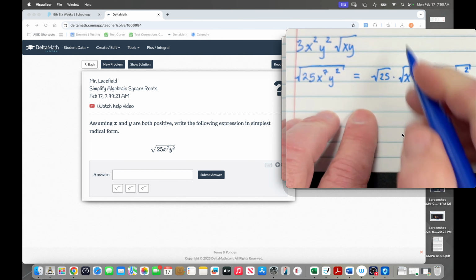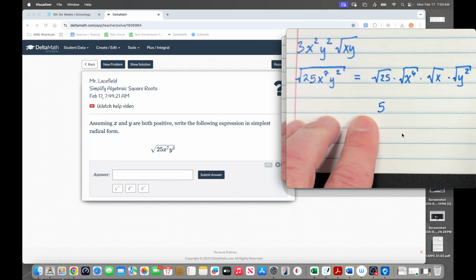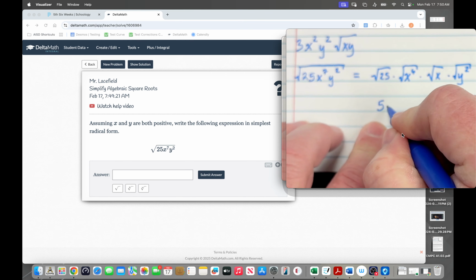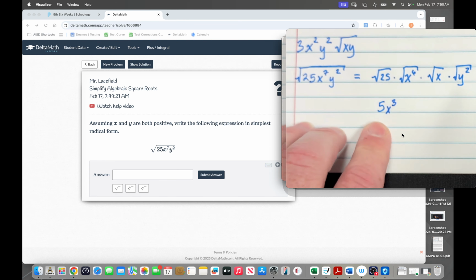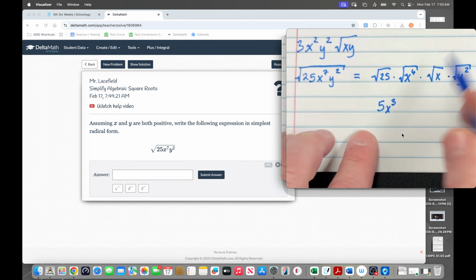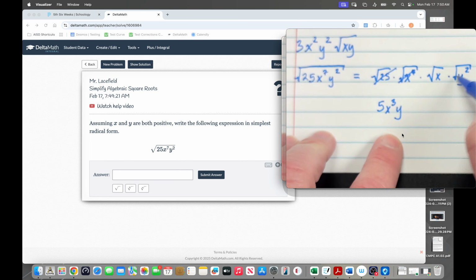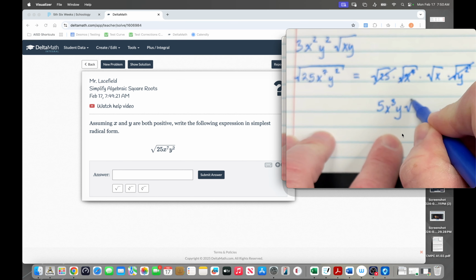Okay, 25 goes to 5. All of my even variables, I have x to the sixth. We're going to put this as x to the third. And then y squared just goes to y. Those are all gone. And then we still have the square root of x.